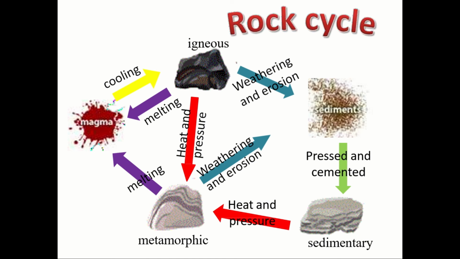The sediments, once pressed and cemented, will turn into sedimentary rocks. Our sedimentary rocks, once subjected to heat and pressure, will turn into metamorphic rock. And when our metamorphic rock is heated to melting, it will turn back into magma.